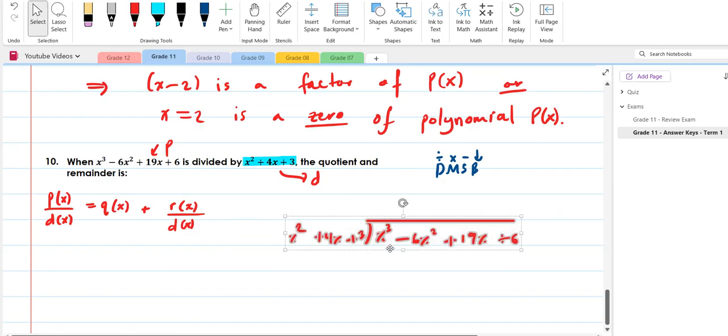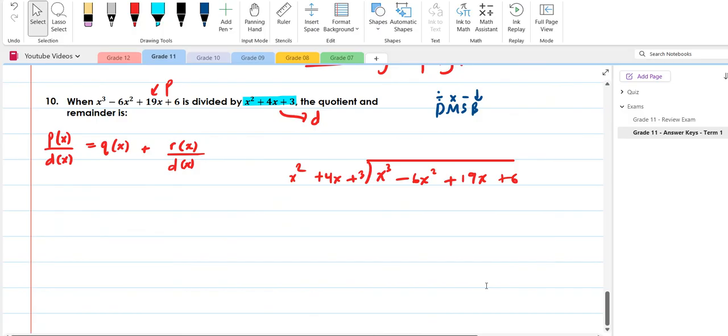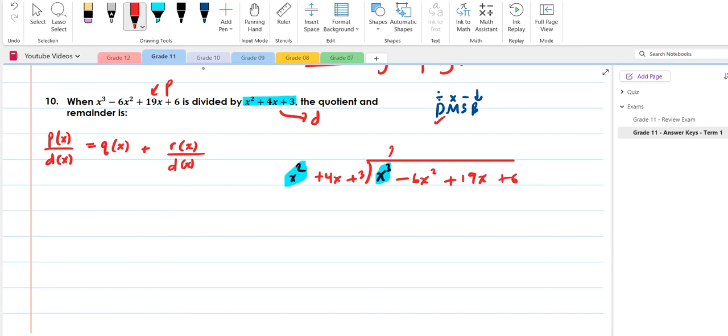Start with the first rule, divide. What do we divide by? We take the leading term and divide by the leading term here. So x cubed divided by x squared is x. Now we multiply the x with all these three terms. So x times x squared is x cubed, x times 4x is plus 4x squared, x times 3 is 3x, and now we subtract.